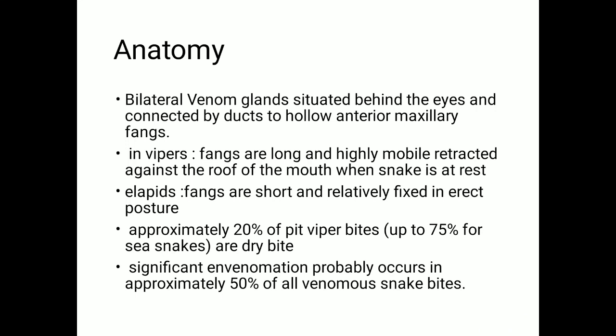Significant envenomation probably occurs in approximately 50% of all venomous snake bites. This is approximate: whenever a venomous snake bites, only 50% are venomous and the other 50% will be dry bites.